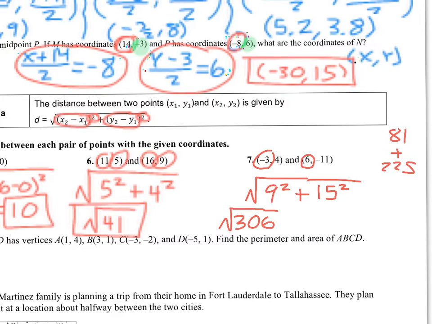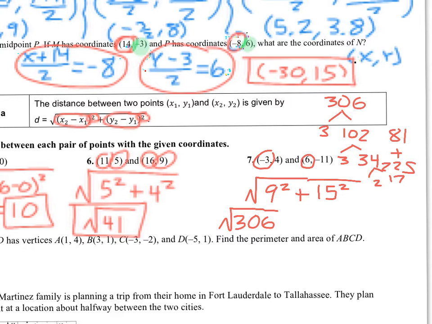Let's simplify our radical. So what is 306? 306 is 3 times 102. 102 is 3 times 34. And 34 is 2 times 17.